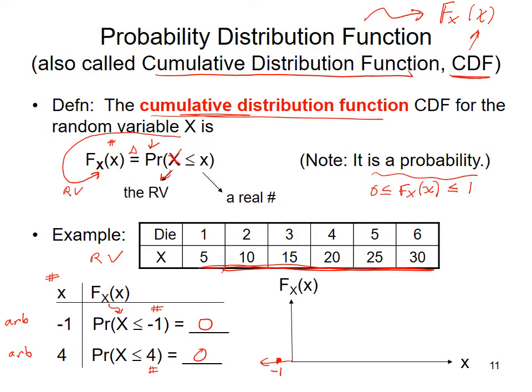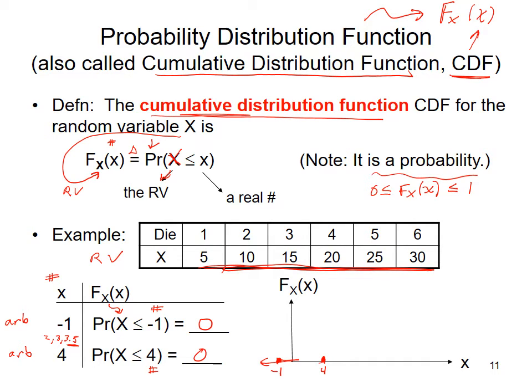So now when I come over here up to the number 4, I see that the value of the function is still 0. And in fact, if I had put in any other number like, say 2 or 3 or 3.5 for x, then it would be what's the probability x less than or equal to, for example, 3.5, that would have been 0 too.